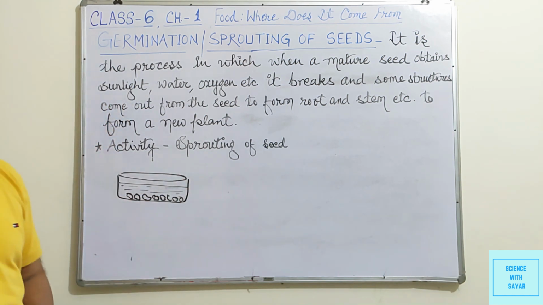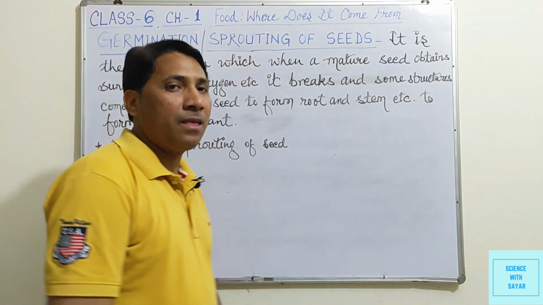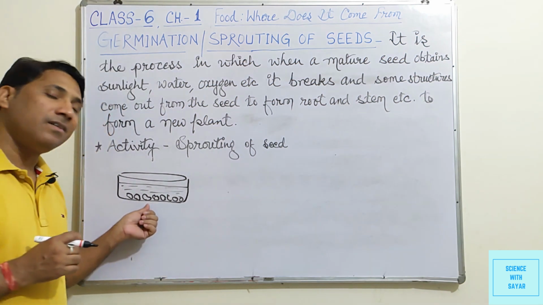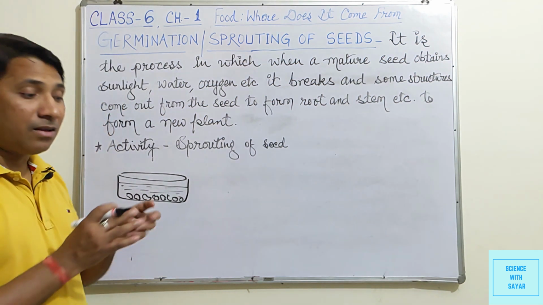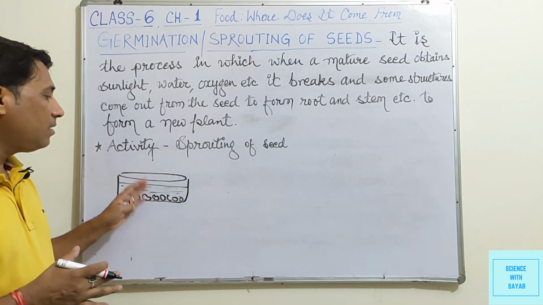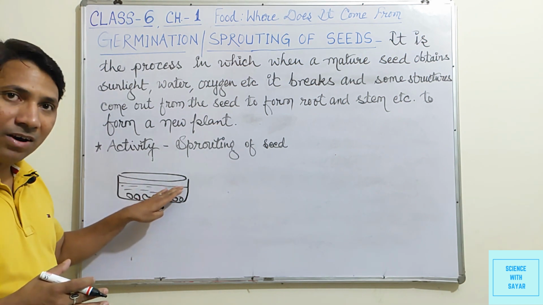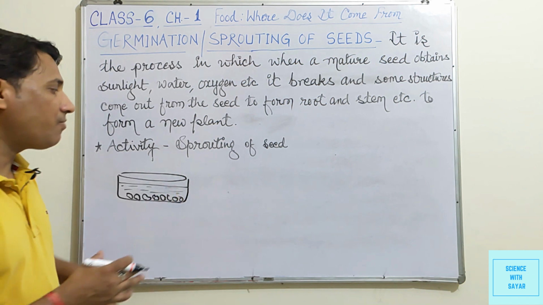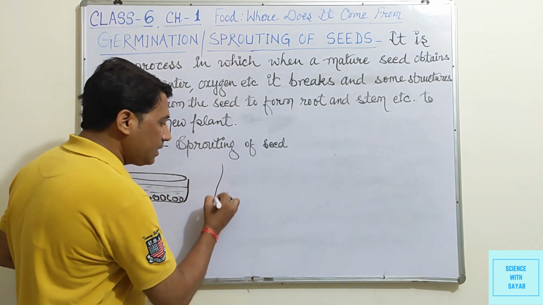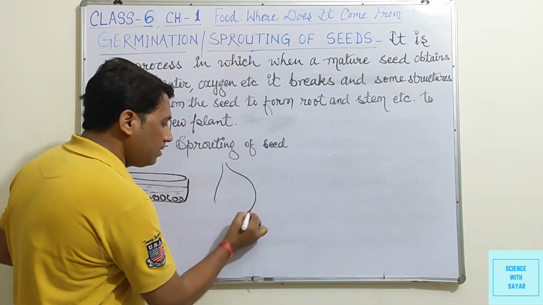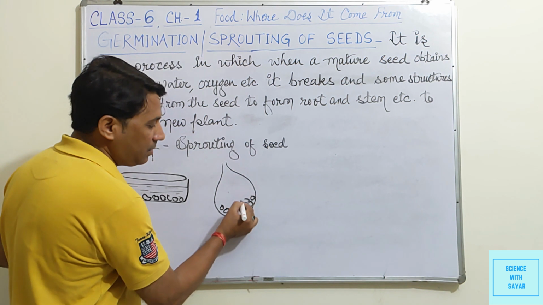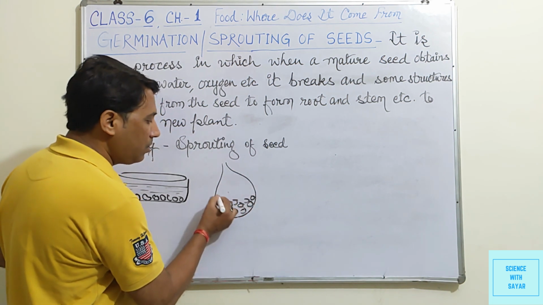We keep this container for a day, and next day we see that all the seeds of gram are swelled up, and now we drain the water, and after that we take a cotton cloth and we put the seeds in this cotton cloth.